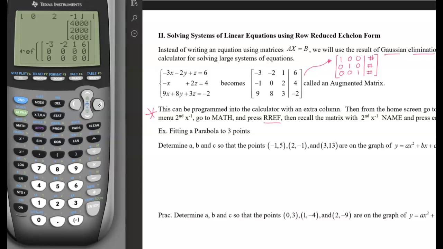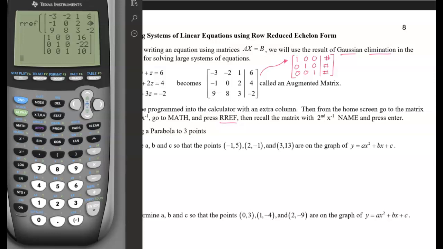It's not something that needs to be shown in the calculator. It's just so that our mind has an easier time understanding what's happening in this matrix. Our calculator doesn't need it. So then we have -1, 0, 2, 4, 9, 8, 3, -2. And boom, we have our answer.